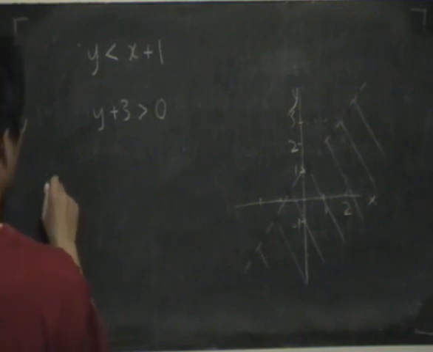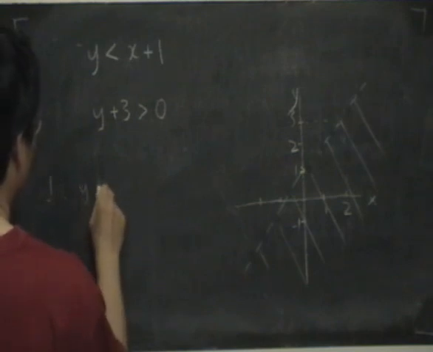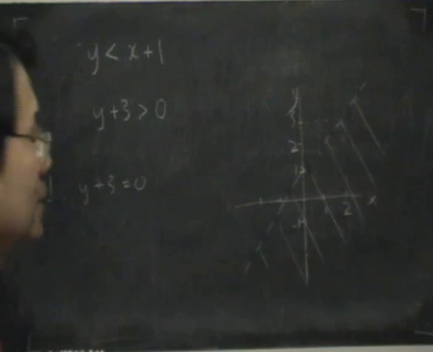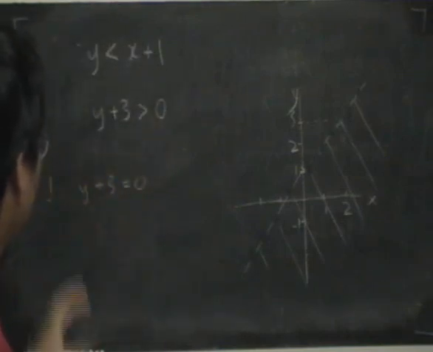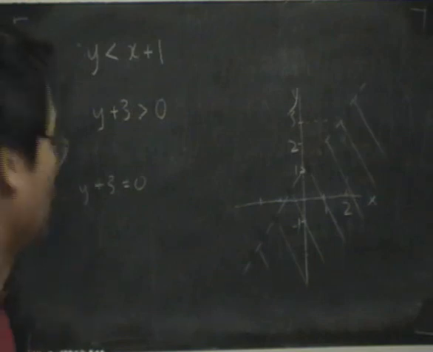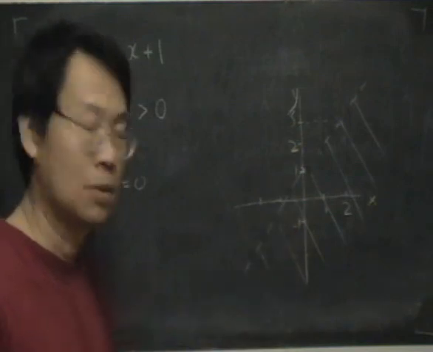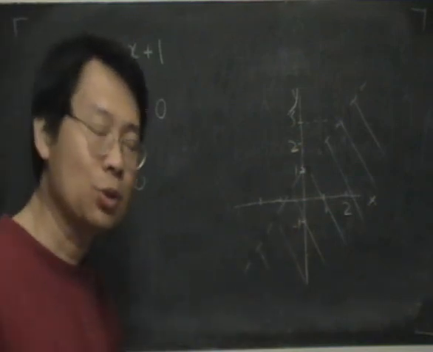Okay, let me start with step 1. In step 1, I do y plus 3 equal to 0, and I would plot a graph of that here. So what's the graph of y plus 3 equal to 0?